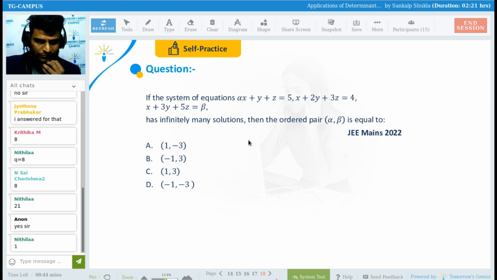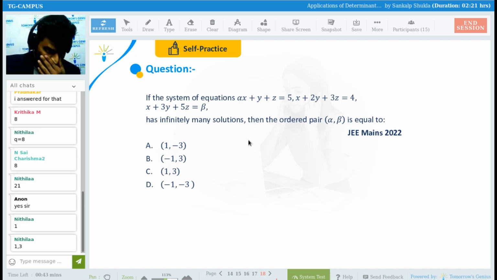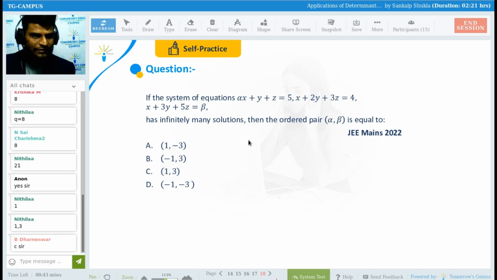Got the answer? C, 1 comma 3, that is alpha is 1 and beta is 3. Is that? Okay. So anybody else?